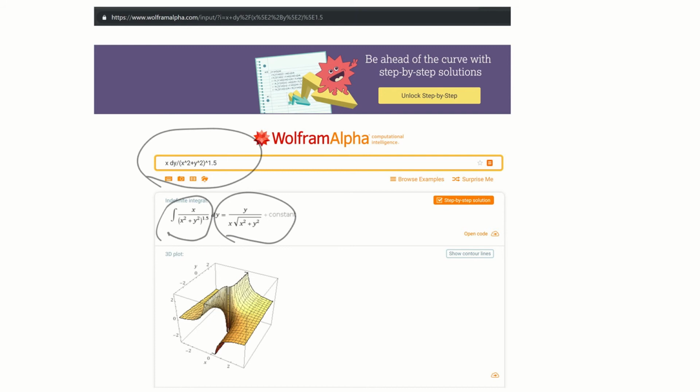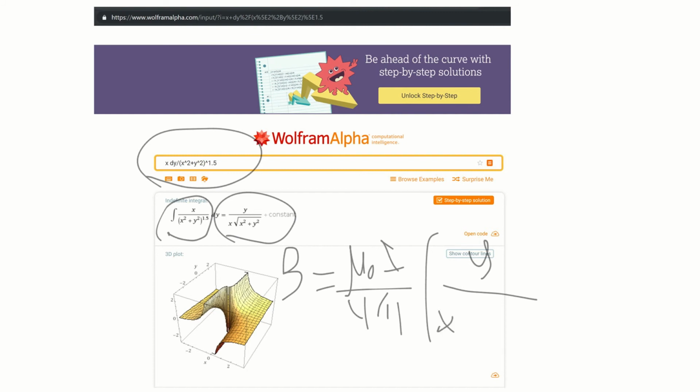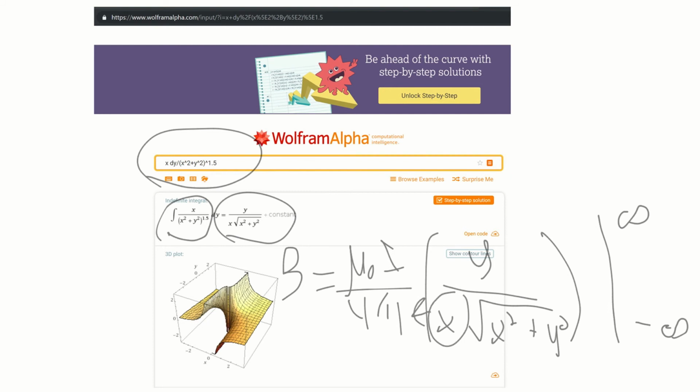So B is going to be mu naught I over 4 pi, and we've got y over x times the square root of x squared plus y squared, and we have to use infinity to negative infinity. Let's group it over here, and then take a look at this fraction at those two limits.